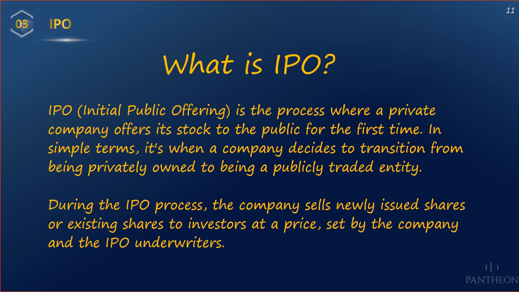After an IPO is completed, the stock will be listed on a stock market, such as the Bombay Stock Exchange, BSE, or the National Stock Exchange, NSE, in India. This listing allows the stock to be freely traded among investors in the secondary market. Okay?